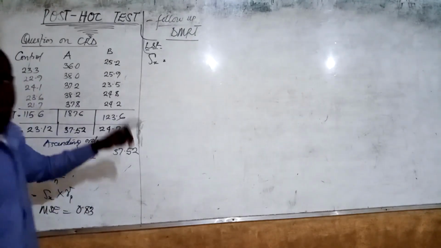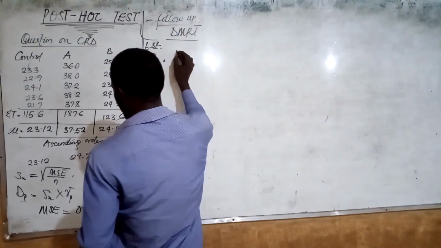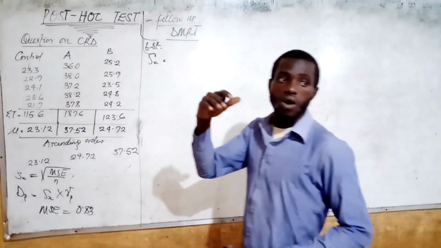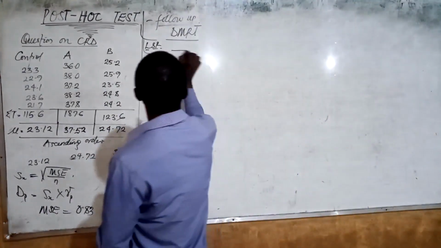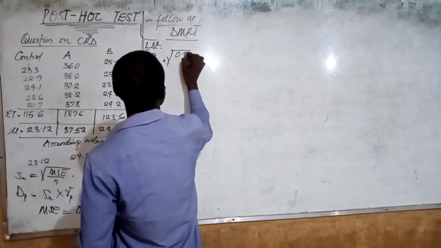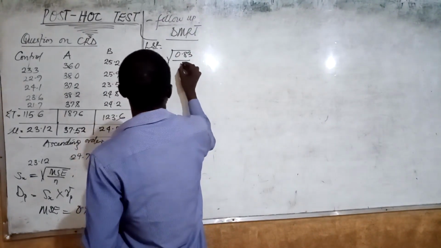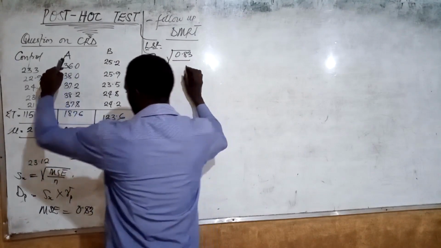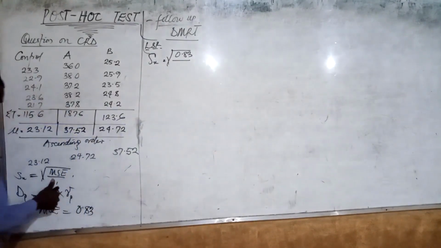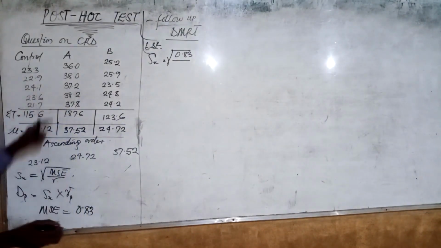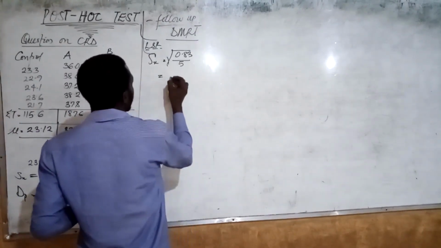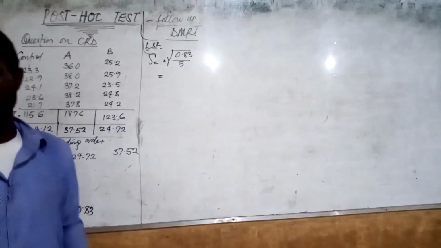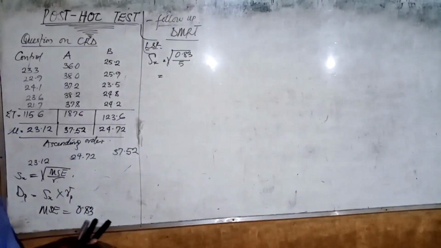So I'm going to substitute that here, so that we have the square root of 0.83 over N. What is our N or R? You can also use R to represent the replicates, 1, 2, 3, 4, 5. So we have over 5, that is 0.83 divided by 5.